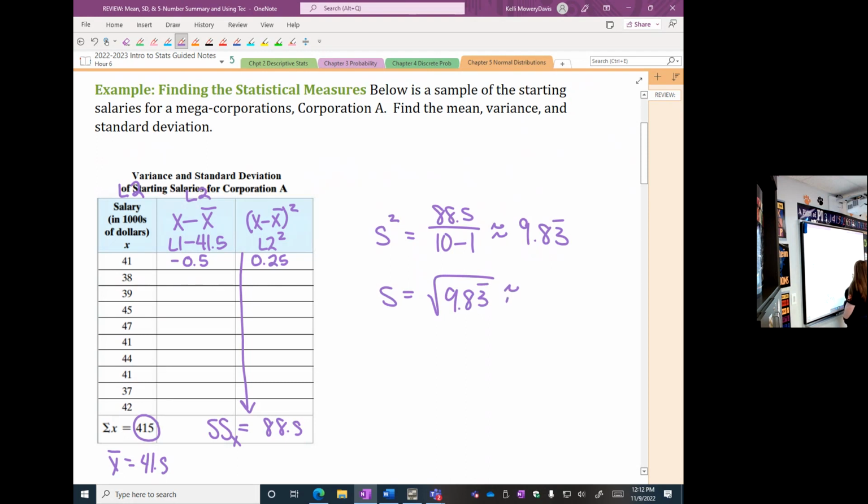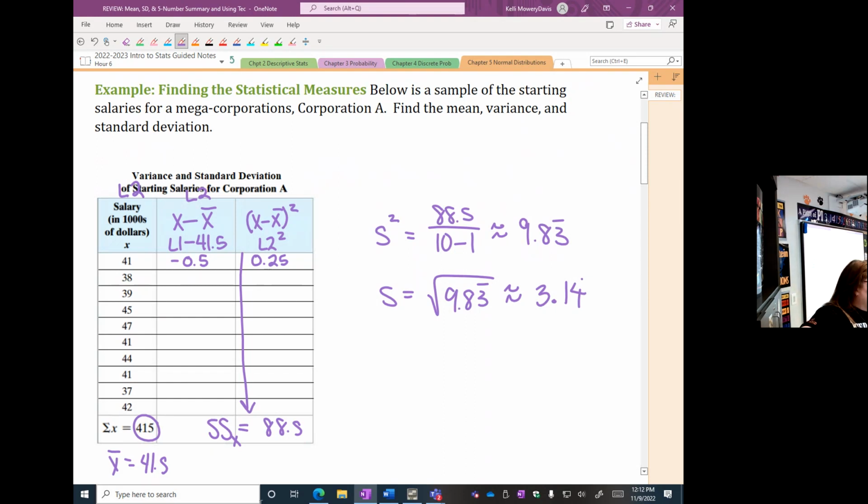And what do you get when you take the square root? 3 point what? 3.14? Okay. Great. That's the way we go through to calculate a standard deviation. It's good to understand that because the idea is we're trying to find an average we deviate from the mean. That's what standard deviation tells us.